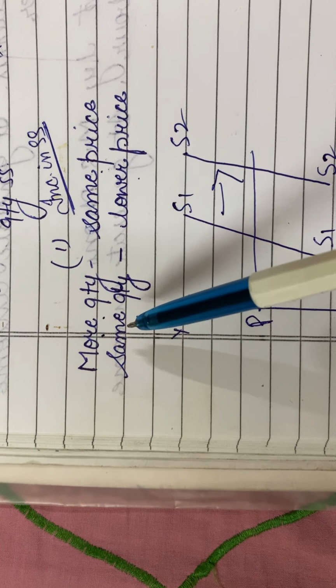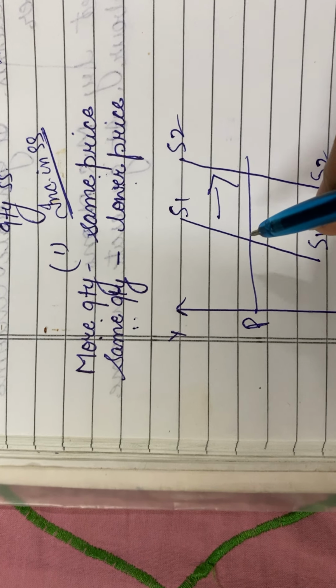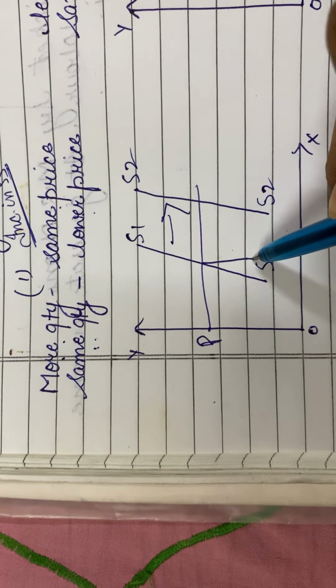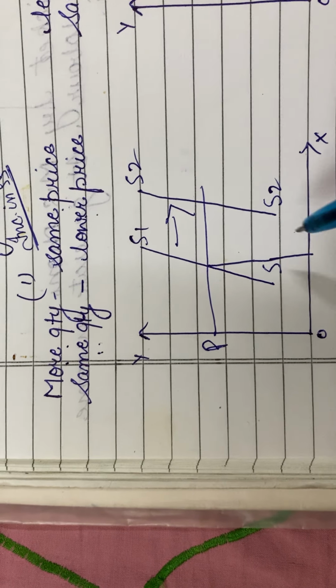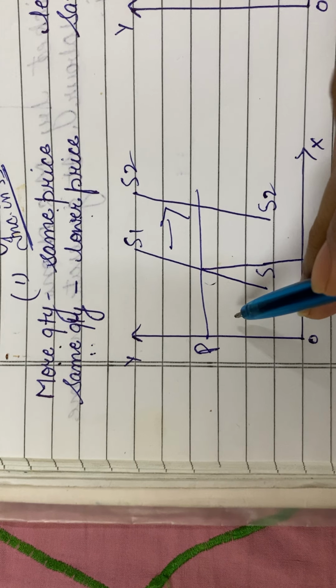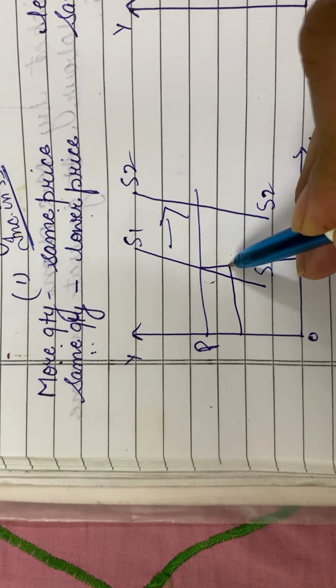Now we can draw same quantity at lower price. So this is the same quantity on the first initial curve, draw a perpendicular to the x-axis. So same quantity at lower price.